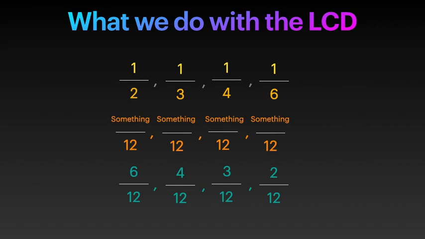Now we multiply 1 by 2 to get the equivalent fraction with denominator 12. Okay, now we have got our half, 1/3, 1/4, 1/6 fractions in their equivalent fractions, whose common denominator is 12. So we can note them down as 6/12, 4/12, 3/12 and 2/12.